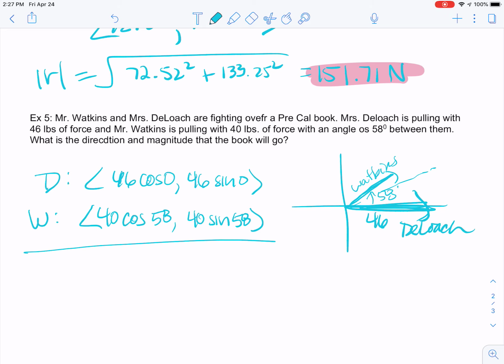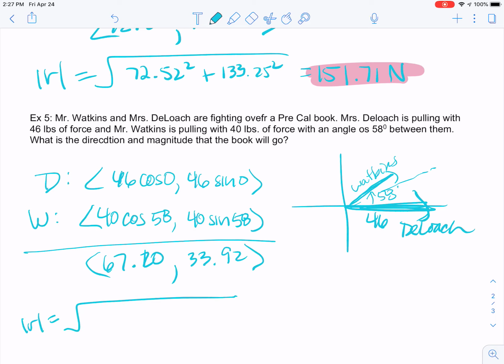So we add them up, 46 cosine 0 plus 40 cosine 58. And we get 67.20. And then we just change those words to sine. And we get 33.92. Now we're going to do our Pythagorean theorem.